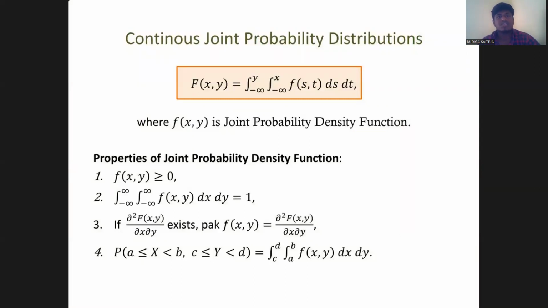We can see the continuous joint probability distribution formula, where f(x, y) is a joint probability density function. A few more properties of the joint probability density function: f(x, y) greater than or equal to 0 is one of the properties of the joint probability density function.